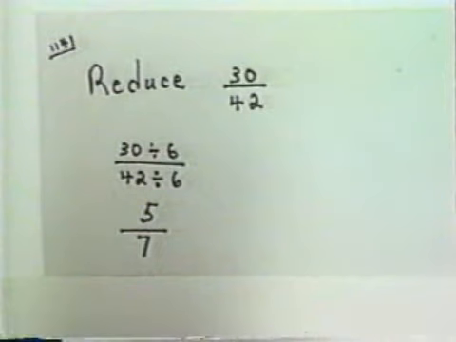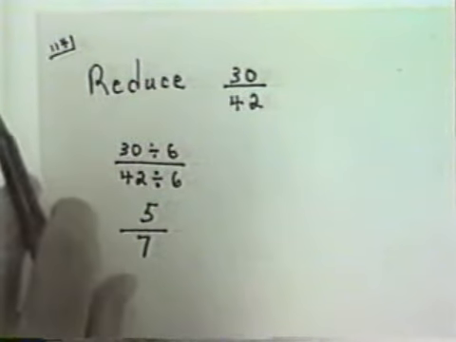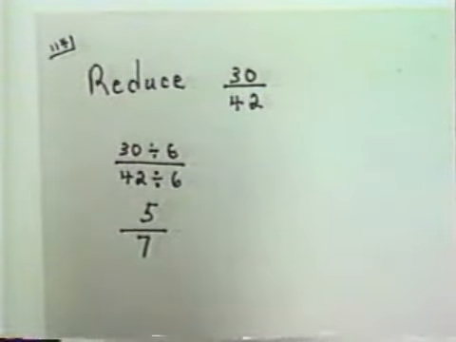There is another way that we could have reduced 30/42 that will work equally well with numbers or polynomials. So let's look at the same problem again, from a slightly different procedure. So again, I want to reduce 30/42.